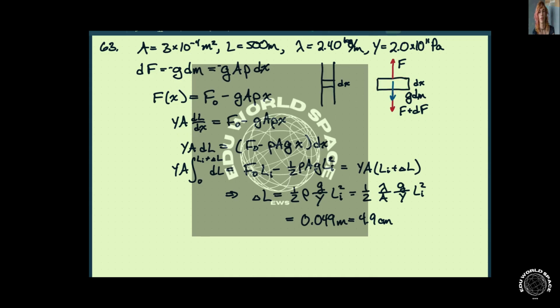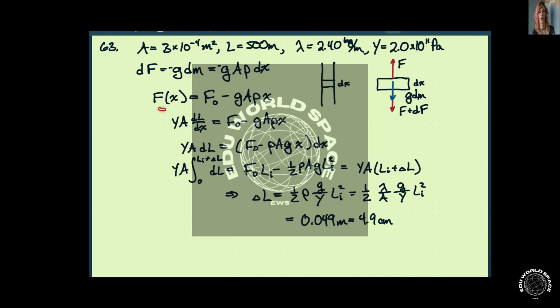And so we know if we do a force balance here, we get that the force down here, the dF, the slight change in force, must be equal to minus g dm. And dm is, I used here the actual mass density per unit volume. So then if you do that, the A's cancel out. But anyway, this right here, A times dx, is the volume of this, and then this is the volume density.